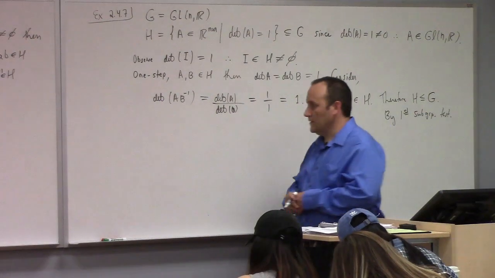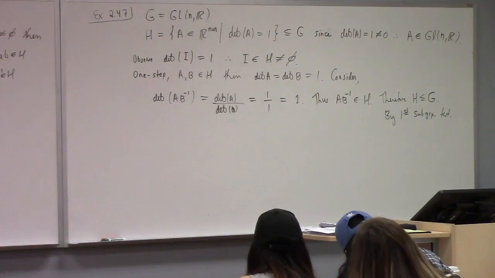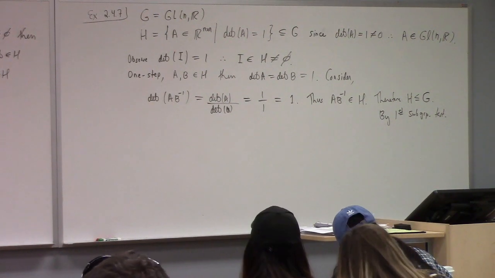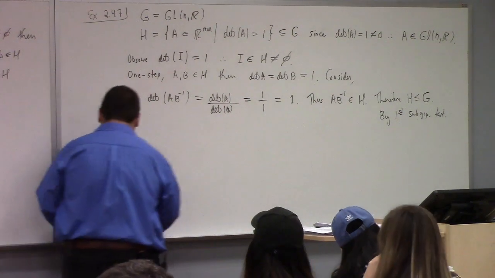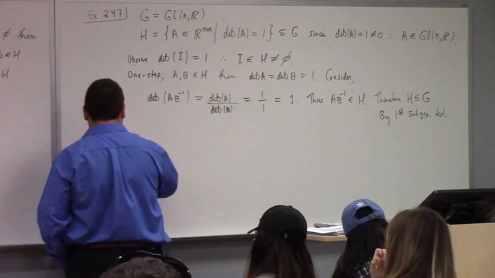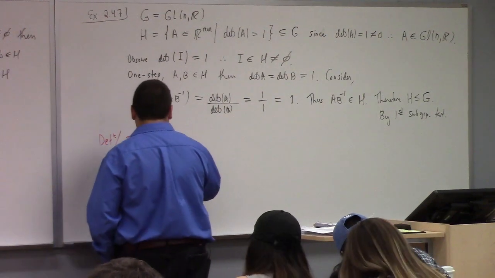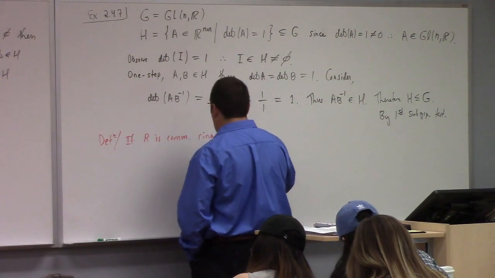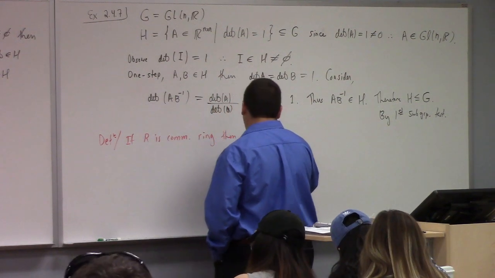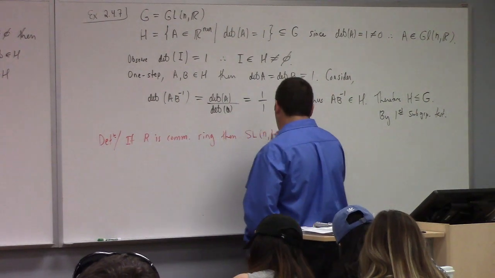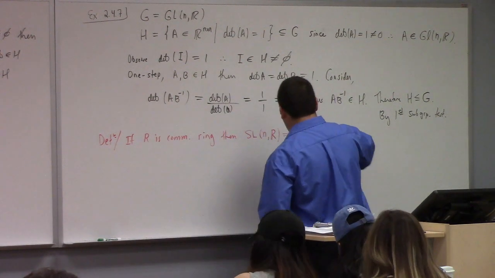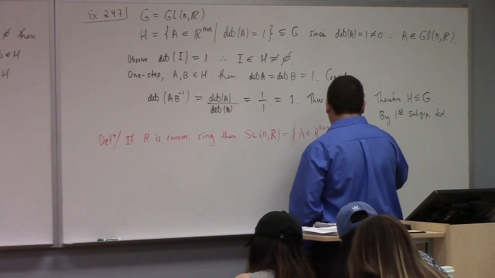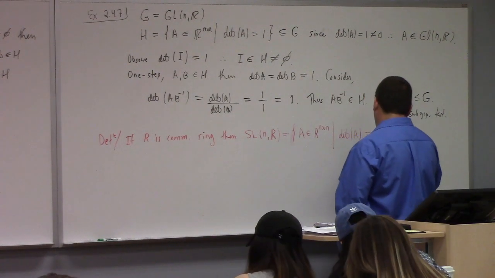In fact, this one is so important that it gets a name. This is the so-called special linear group. Definition: if R is a commutative ring, then SL_n(R) is equal to the set of A in R^(n by n) such that the determinant of A is equal to 1.